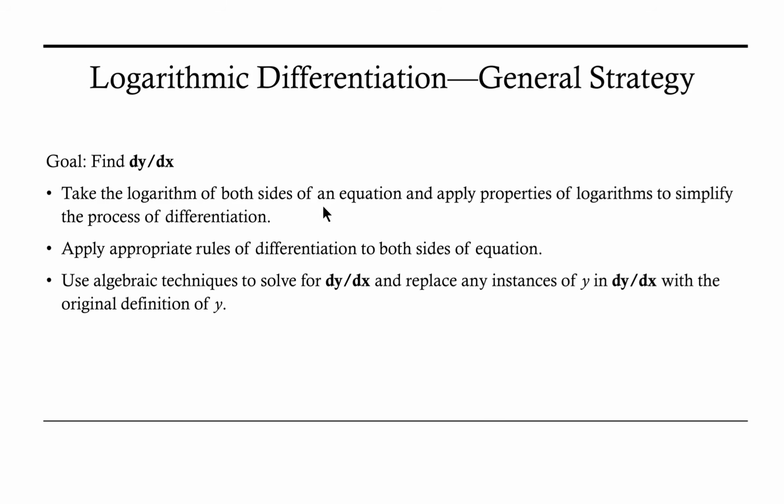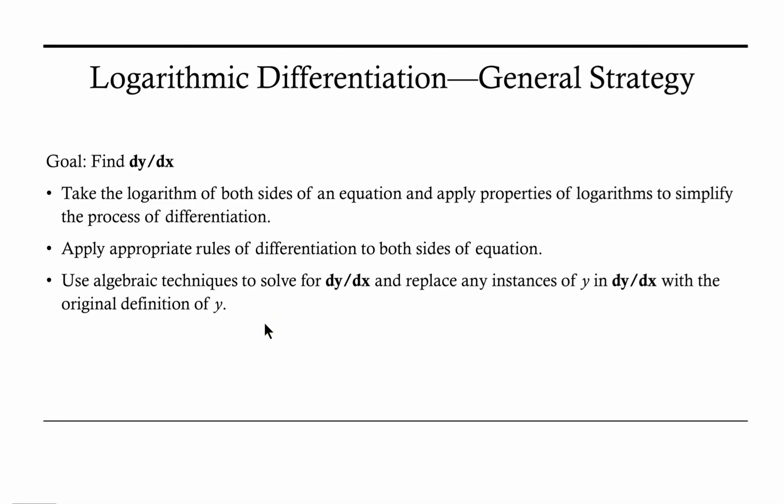Once we've used the logarithm properties, we then apply appropriate rules of differentiation to both sides of the equation. Implicit differentiation is the means by which we do this. And then we use algebraic techniques to solve for dy dx and replace any instances of y in dy dx with the original definition of y.